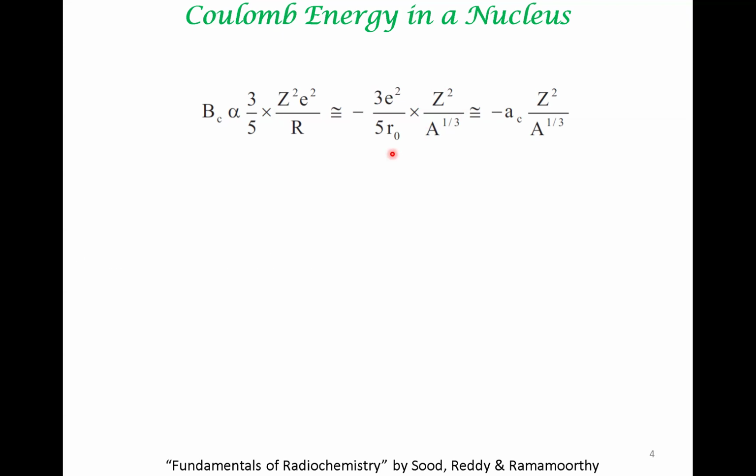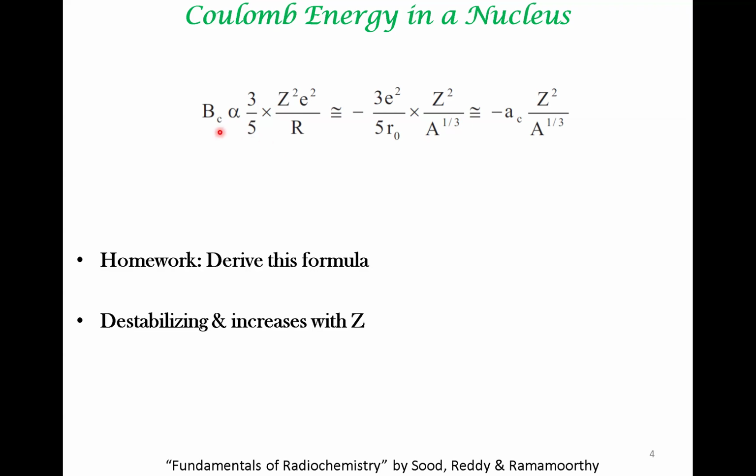Here, the first thing you can try to do is derive this formula. This is just a matter of classical electrostatics. It's a good exercise for you to derive this formula. What you see here is as Z increases, the Coulomb repulsion energy goes up quadratically.